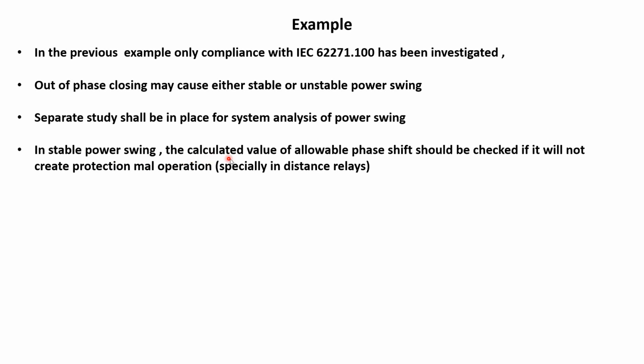Because in the stable power swing, the calculated value of allowable phase shift should be checked to see if it will not create protection maloperation, especially in distance relay. So we just say we have a distance relay.